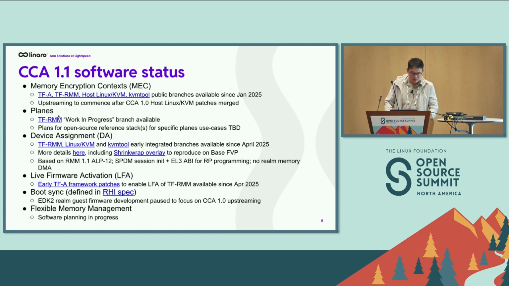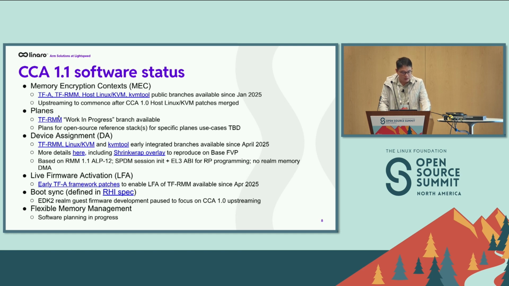We are also developing a tool called Shrinkwrap for developers to easily deploy on the FVP, the Fixed Virtual Platform. The spec has already been proposed in the 1.1 alpha release, which includes planes and device assignment support.